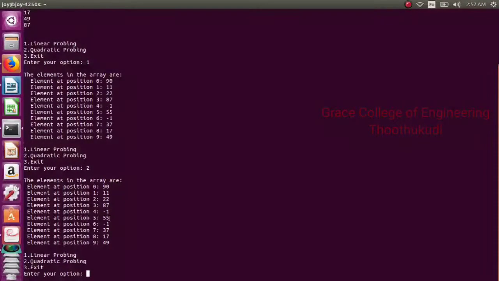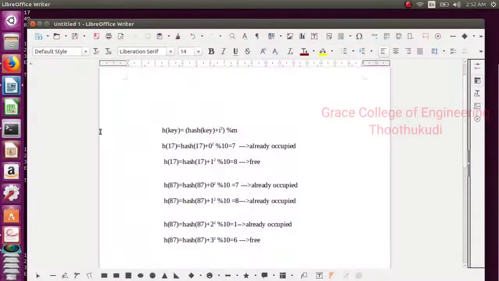The third element is 55, remainder 5, placed at the 5th index. The next one 22 goes to index 2, and 11 goes to index 1. Then 17: 17 mod 10 gives remainder 7.